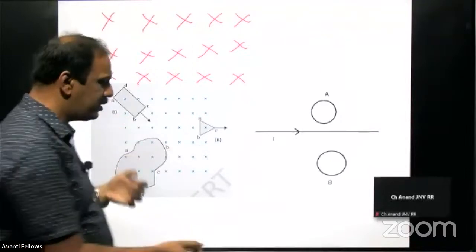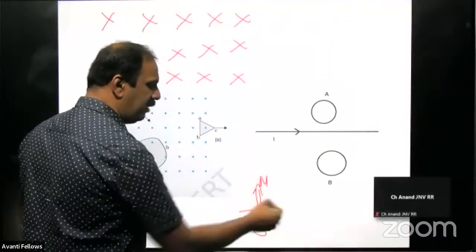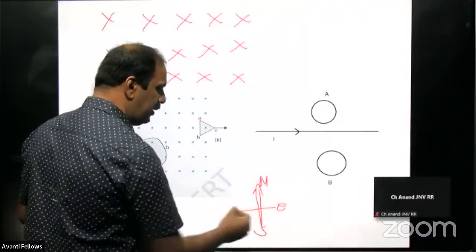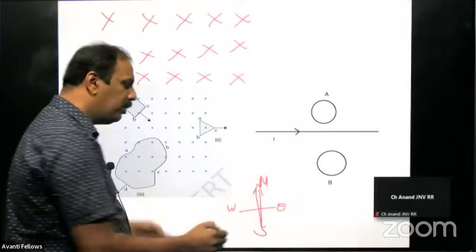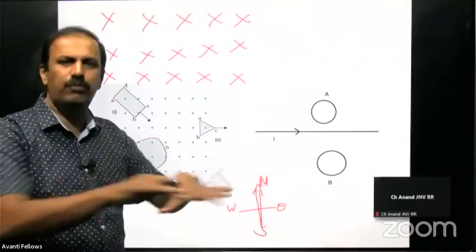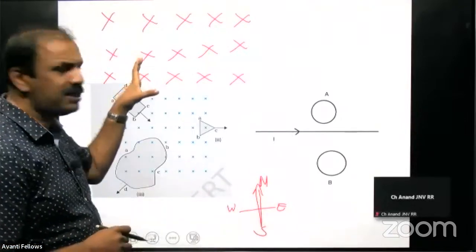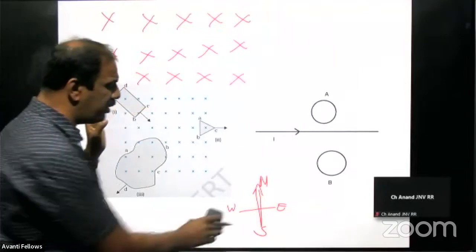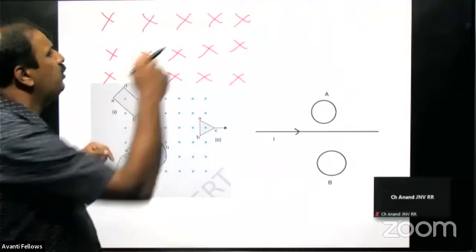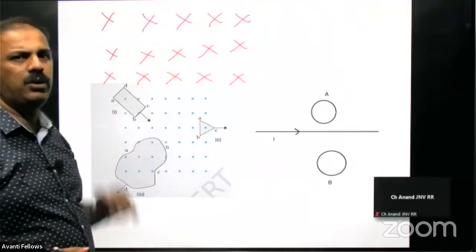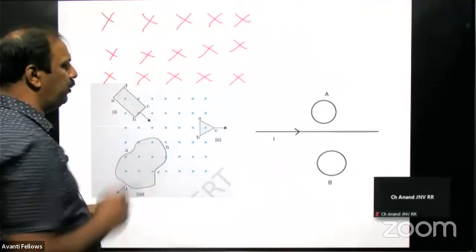When north, south is there, this side is north and south, and east and west you write. So this is east and this is west. And if it comes like this, then it is upward. Because when you have north and south, you have to think on the floor, on the ground. So this side will be upward and this side will be downward. And in such cases, it is not about north, south; what you have to do is mention this one as into the plane of the paper. And if it is toward this side, you have to tell it as away from the plane of the paper. Now our magnetic field is into the plane of the paper.